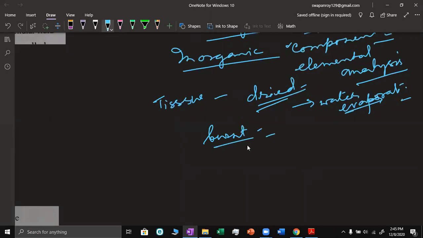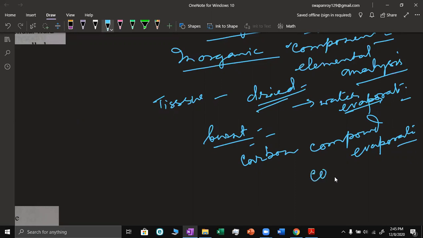When it is burnt, all the carbon compounds evaporate, mostly in the form of carbon dioxide and water vapor.